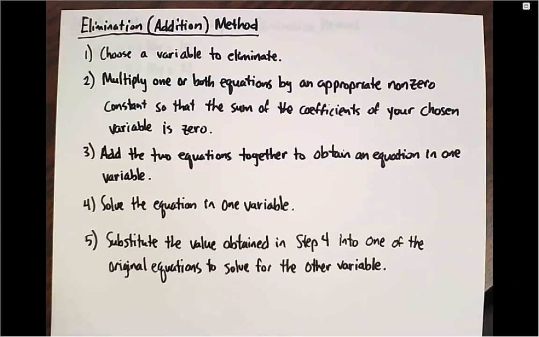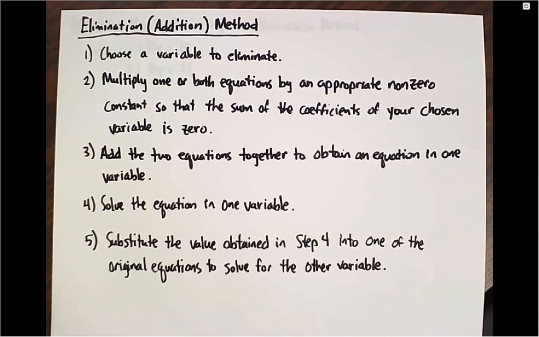Once you've figured out what the variable is equal to, you got to find the other variable. And the way that we do that is we take whatever that number is for that variable and we plug it back into one of the two original equations. It doesn't matter which equation you pick. Just pick one of them and plug that number into it for the variable.